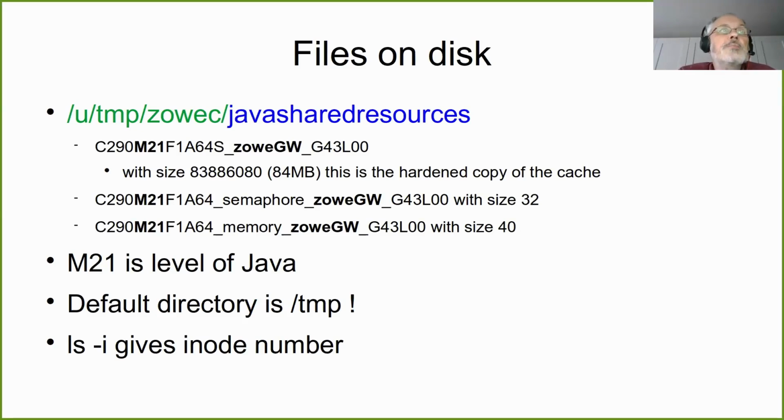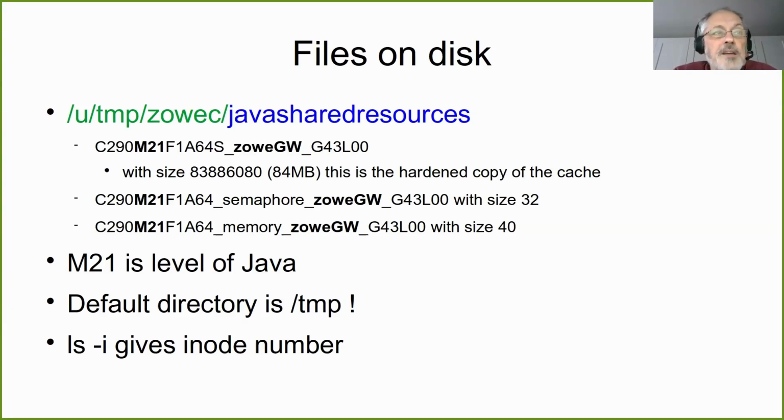It's got the name Zoe GW, which is what I passed as parameter. And this file has 84 megabytes, and this is a hardened copy of the shared memory. It's also got a semaphore file called Zoe GW with the word semaphore in it, and the memory file. The default directory for storing files is /tmp, which I think is a terrible place to put it, but there isn't a better place.